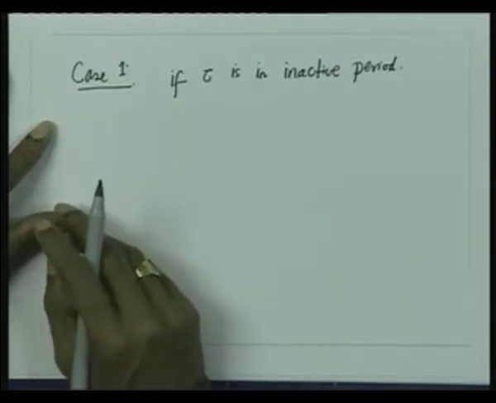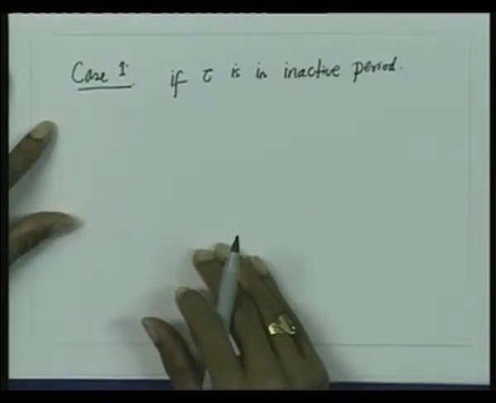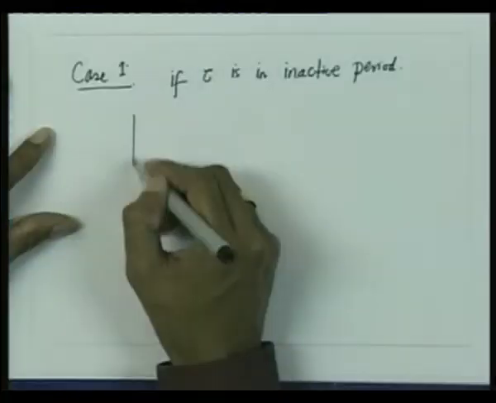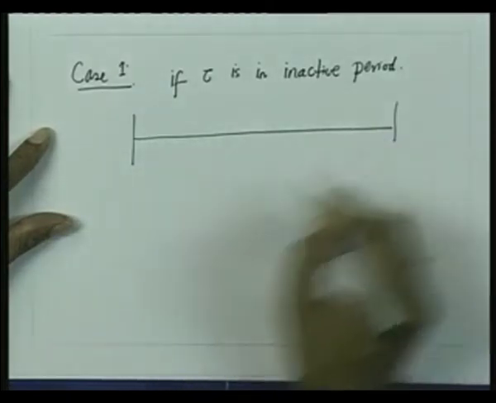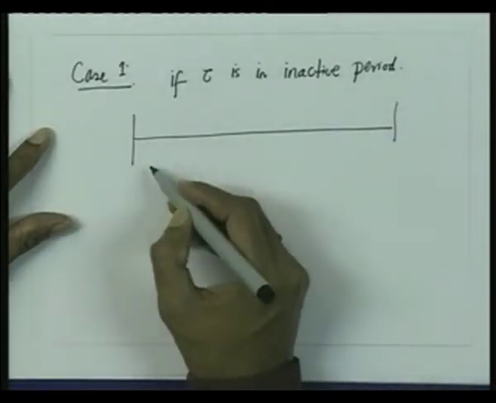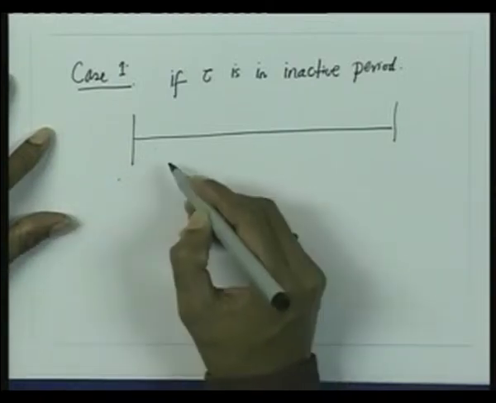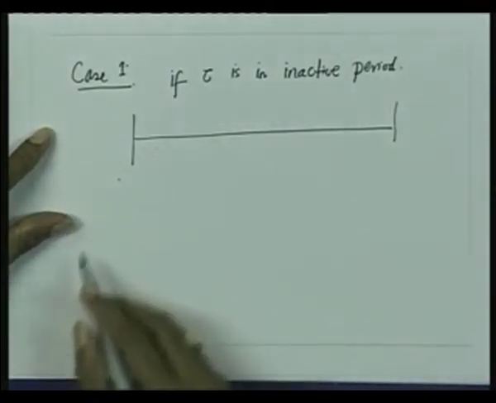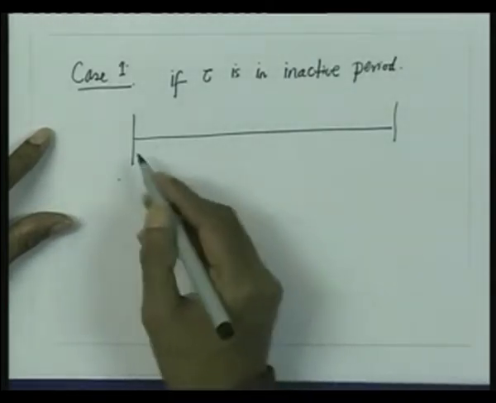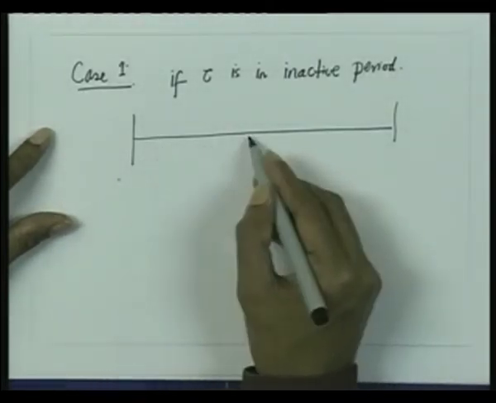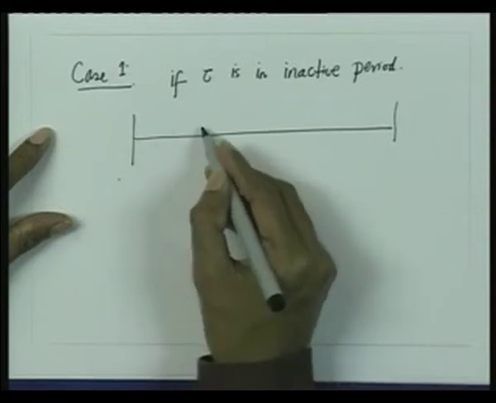What we are saying is that tau is the beginning of a busy period, but assume that tau lies in an inactive period, by contradiction.